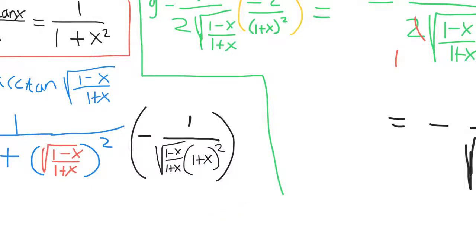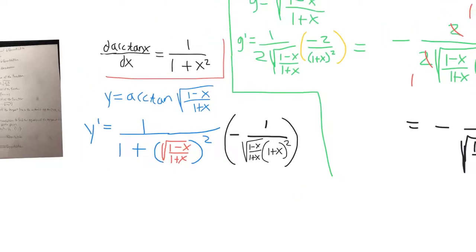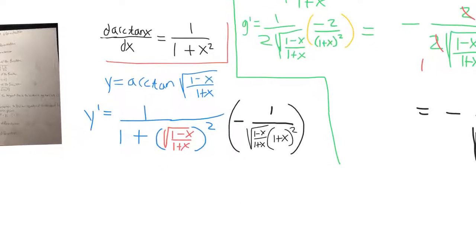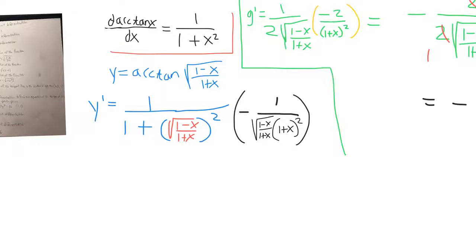Now, I do believe it would be nice to simplify this whole thing. So let's think a little bit before we dive in. First of all, I can already see that the negative could go out front. I could also see that the 1 times 1 is just going to be a 1, so we're going to have a 1 up top.